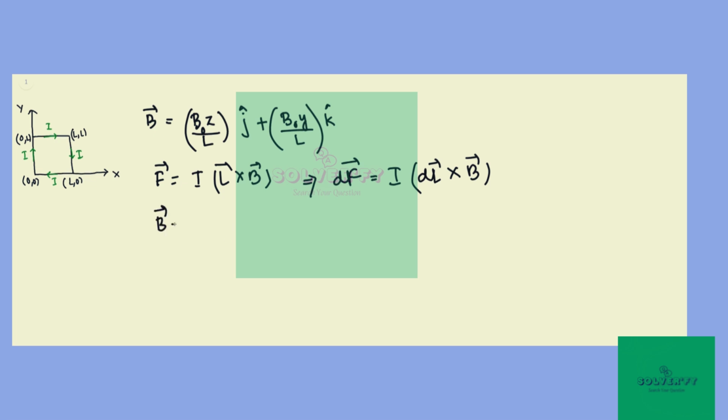Then the B vector will be equal to B0 y over L times k cap, because this just got 0 here.